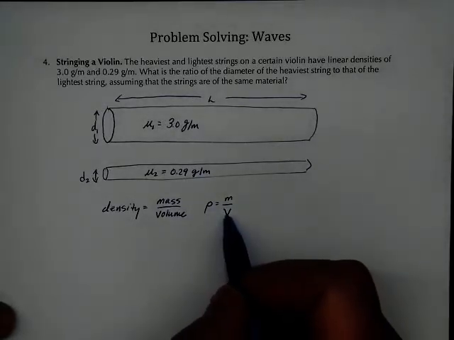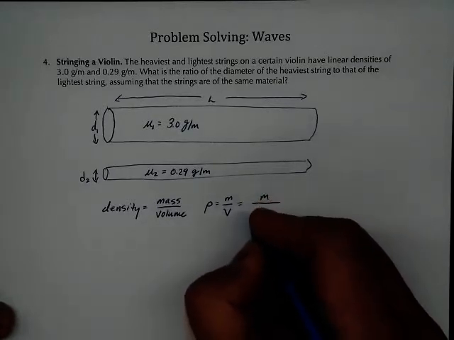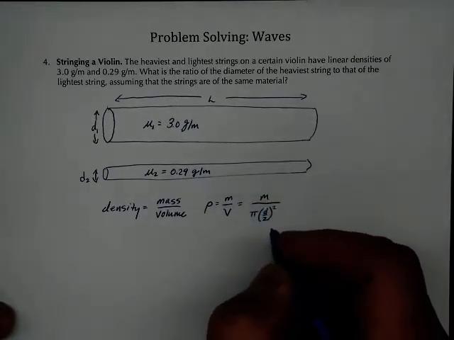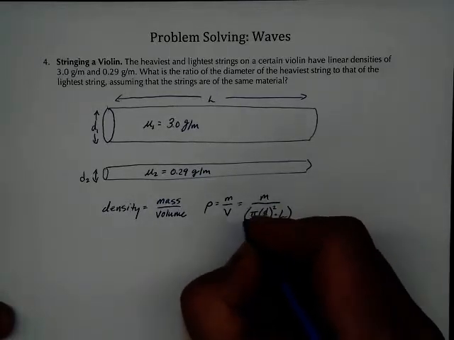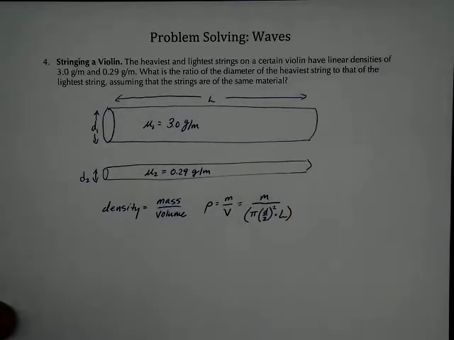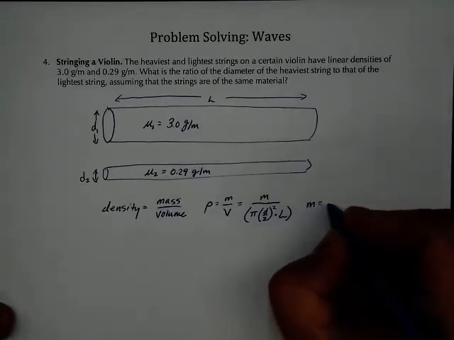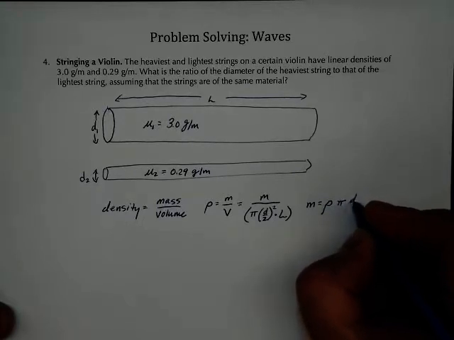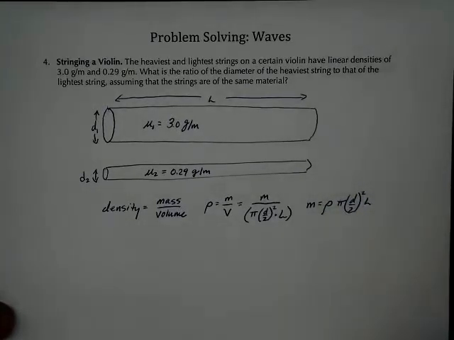And these strings are cylinders, so the volume of the cylinder is pi times half the diameter squared times the length. That's the whole volume of that. And since we're wanting to compare masses, let's go ahead and solve that for mass. Mass equals the density times pi times half the diameter squared times the length.